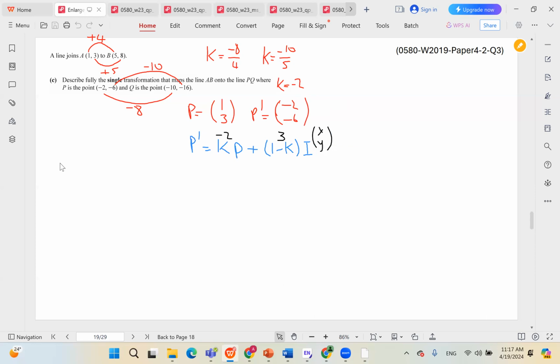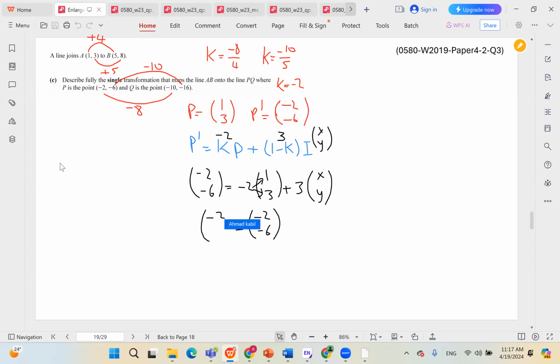So P dash is, like we said, -2, -6. And this is equal to -2 times P. P here is 1, 3 plus 3 times XY. So if we expand this, if we just distribute the -2, we get -2, -6 here as well. So we immediately know that the center of enlargement here is 0, it's the origin, and we can proceed to write the final answer.